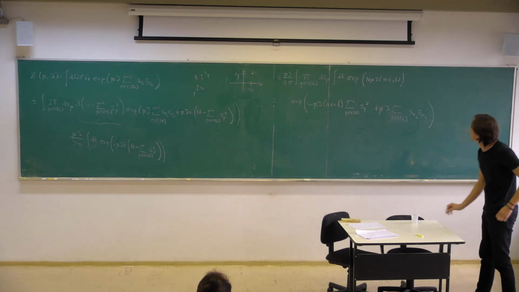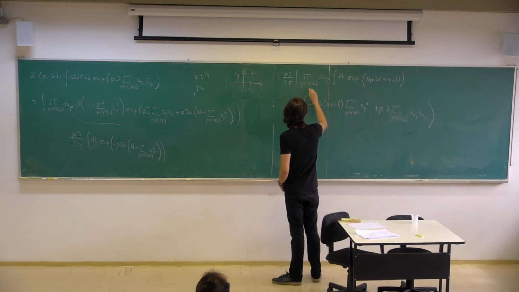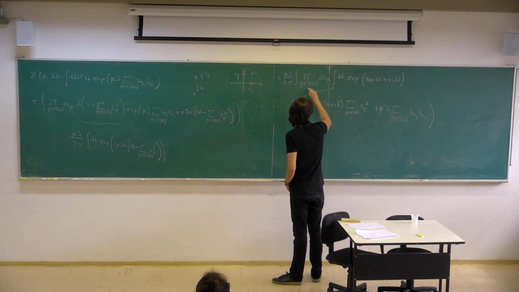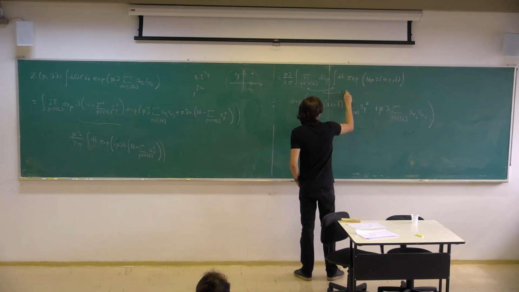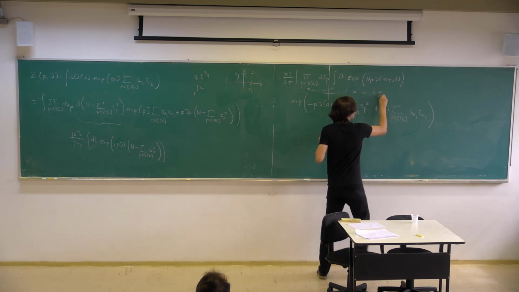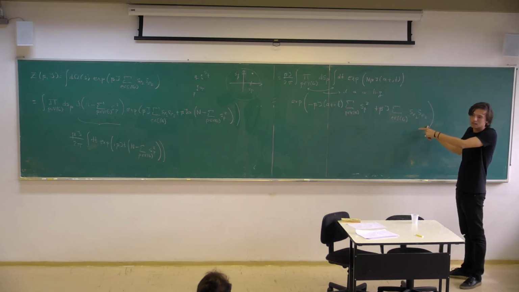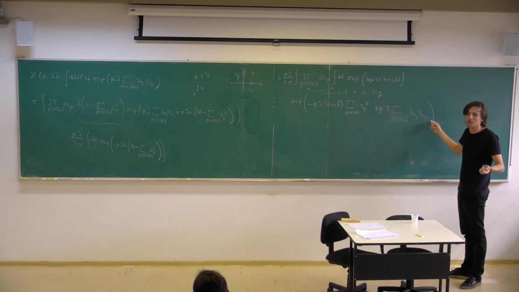So the claim is that I can indeed exchange these two integrations if A is big. I can take A big enough to make the real part of this negative definite. That's the claim. I don't know how to prove this in general, but when we restrict to the hypercubic lattice, we actually know what the eigenvalues are.